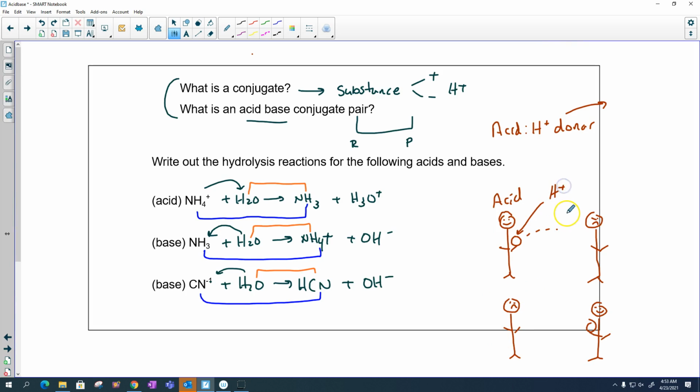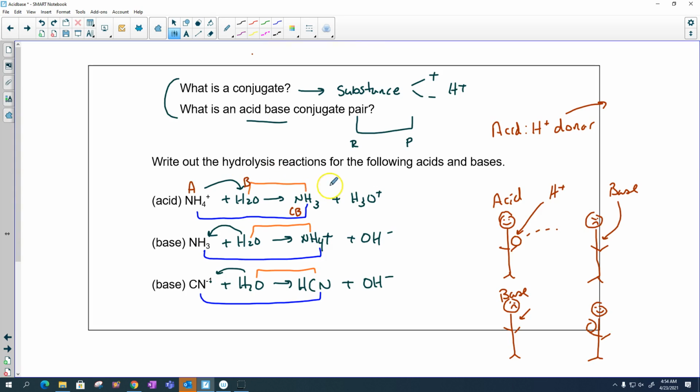You should note at this point that the acceptor, the person who wants the ball, is the base. Now, not only am I not an acid, I technically have a void where I could take an H plus. Therefore, I am now a base. So as the reaction proceeds, an acid starts out as an acid, but then becomes what we call the conjugate base. This is the base because it's the acceptor.